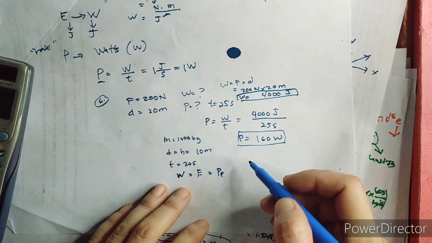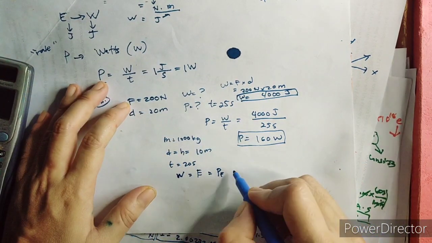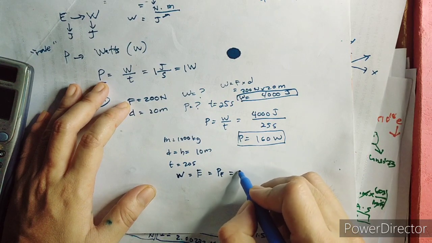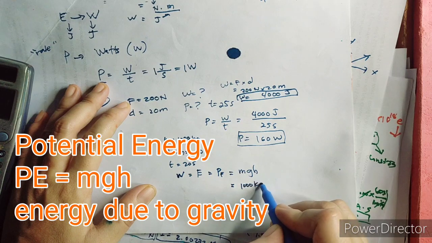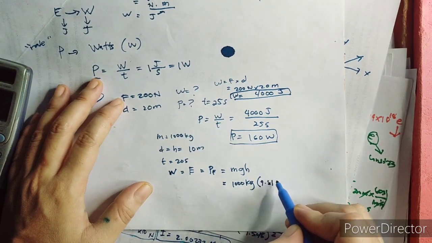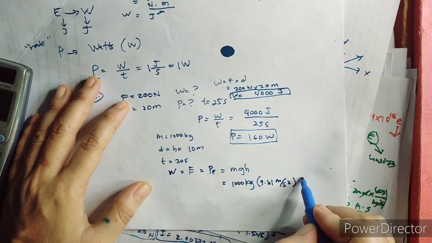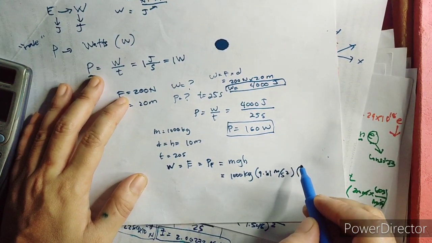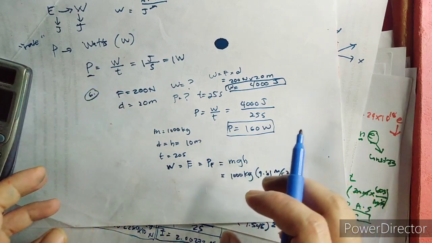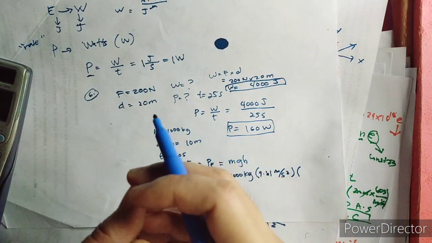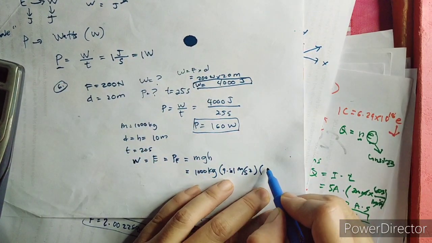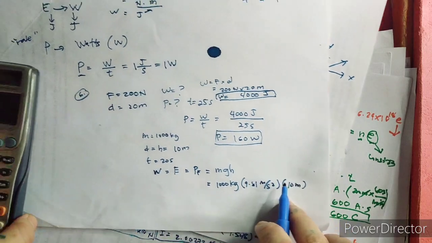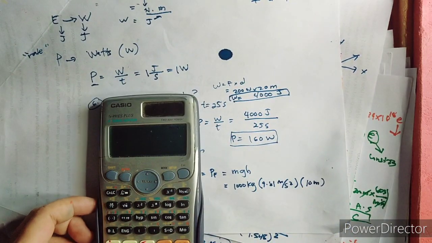Kaya ako nasabing potential energy dahil due to gravity ito. So, potential energy is mgh equals 1,000 kilogram times 9.81 meter per second squared, due to gravity, times yung distance, yung itinaas niya ang mass na 1,000 kilogram. So, distance equals height na 10 meters. So, potential energy is 1,000 times 9.81 times 10.